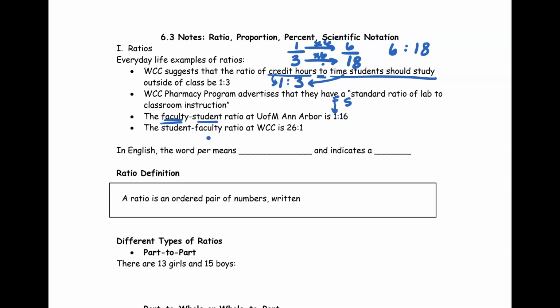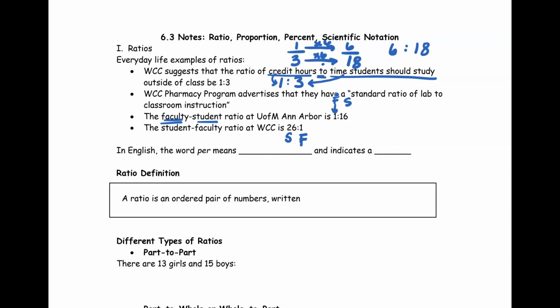The student-faculty ratio at WCC, so I switched it up a little bit, is 26 to 1, meaning student is first. So for every 26 students, there's 1 faculty member. This basically says that U of M usually has smaller class sizes, or more faculty per student.